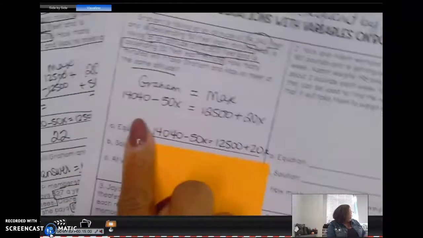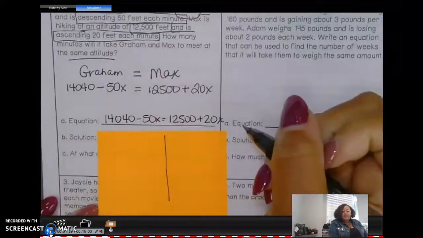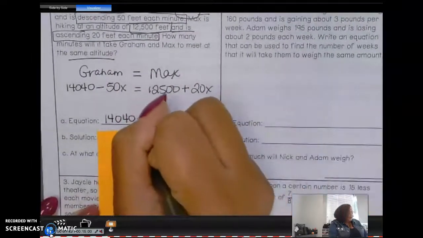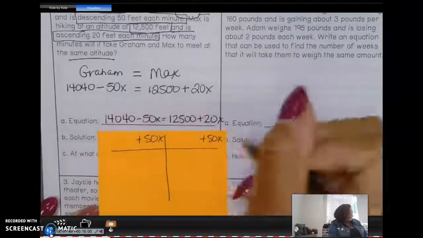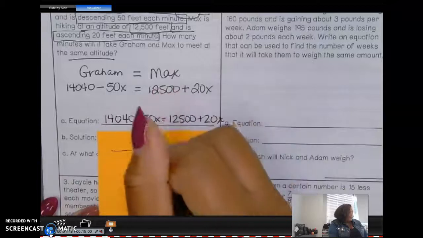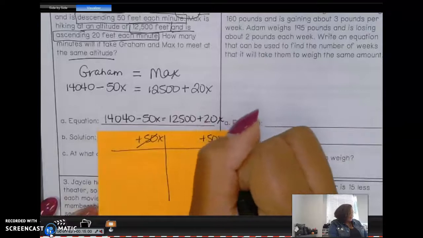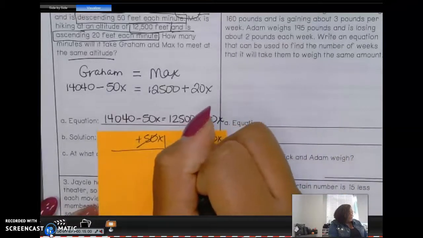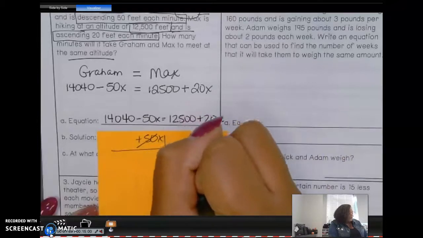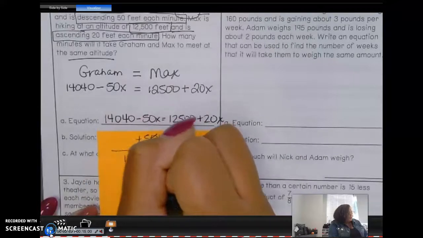So, I'm going to draw my river, and then I will add 50x to both sides. And then these would cancel out. So 20x plus 50x would be 70x. And then I will bring my 12,500 down and my 14,040.